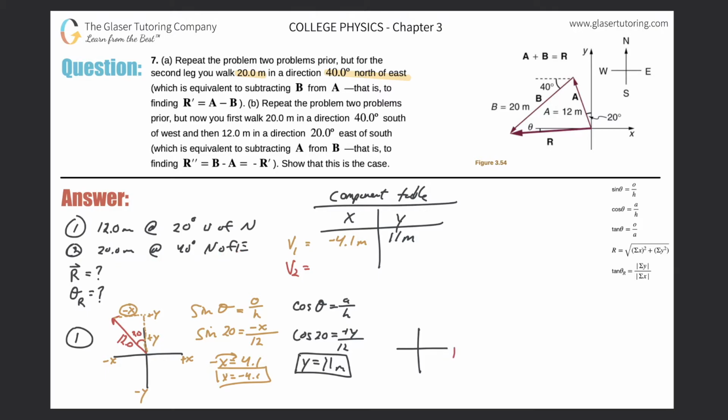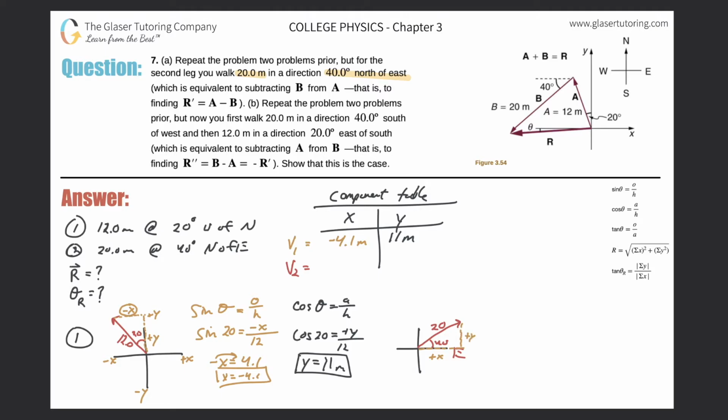So here's east, and 40 degrees north of that is going to be somewhere in here. This is the 40, and the magnitude, the length, is 20. It looks like it has a positive x component and a positive y component.